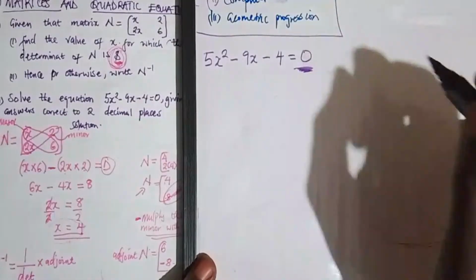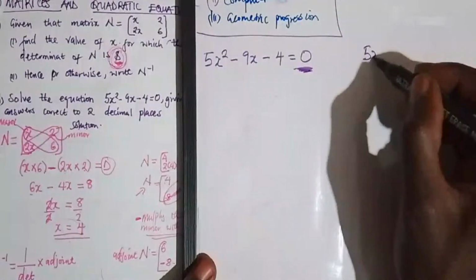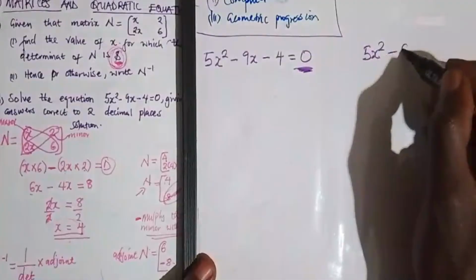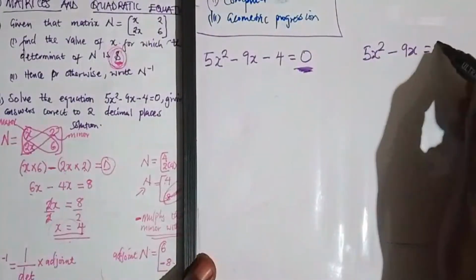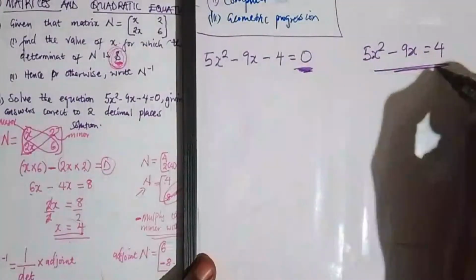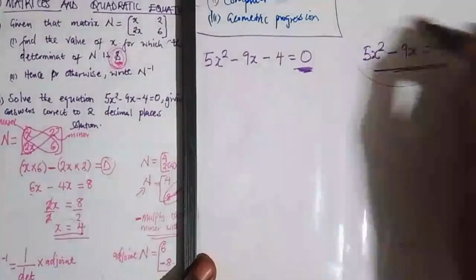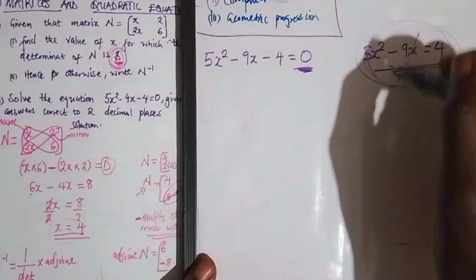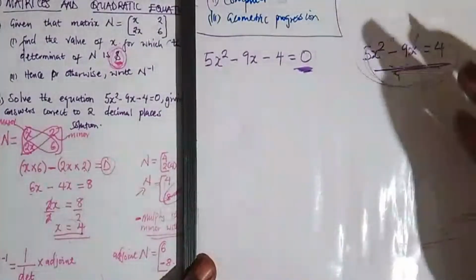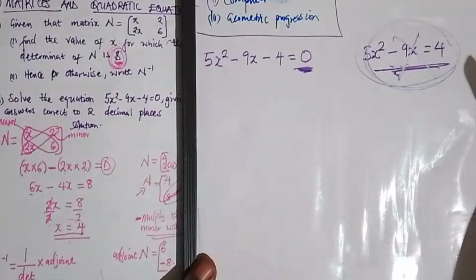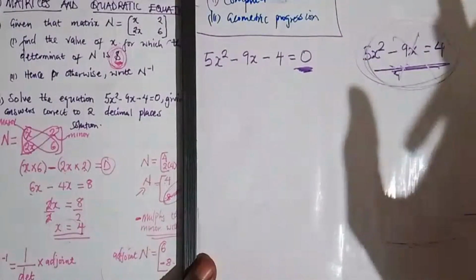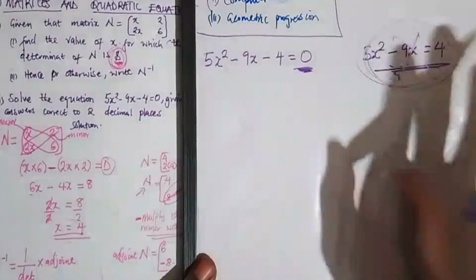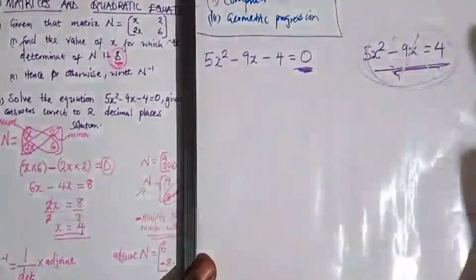For example, if we had 5x squared minus 9x is equal to 4, don't start solving whilst your quadratic equation is like this. You get your answer wrong. Why? Because you won't identify the letters. So let me show you how you can get this question wrong and how you can get it right.